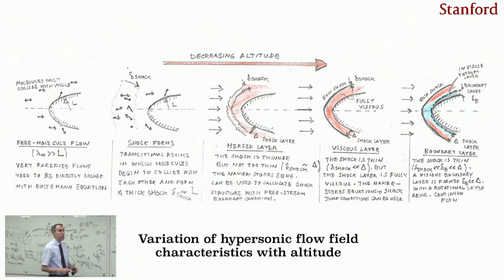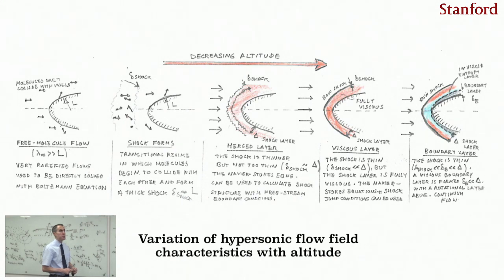That's a free molecule flow in which the molecules are just colliding like bullets against the surface. Then as the altitude decreases a little bit more, there are more molecules, because the density is starting to increase, and the molecules start bunching up in a layer that is lifted from the surface. That's where the traffic jam starts to happen, and that's the first stage of a shockwave.